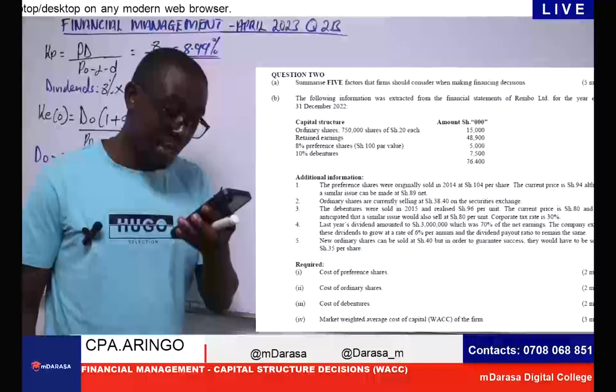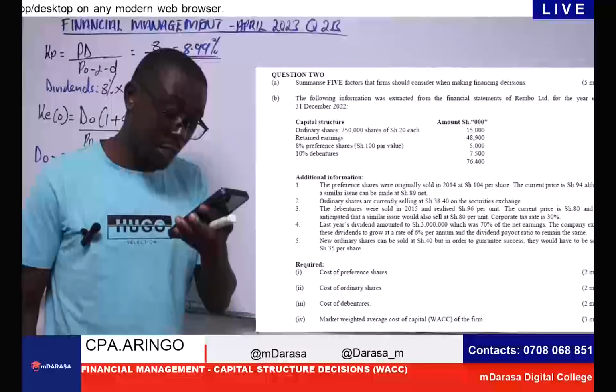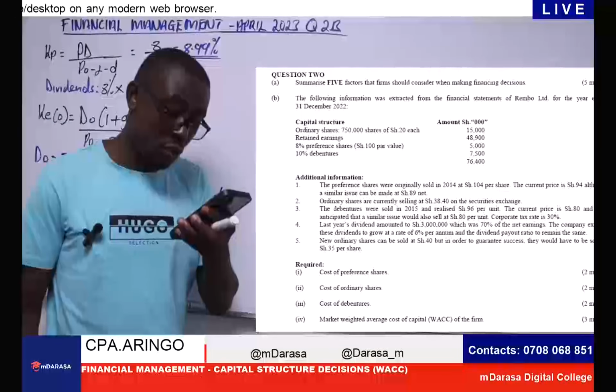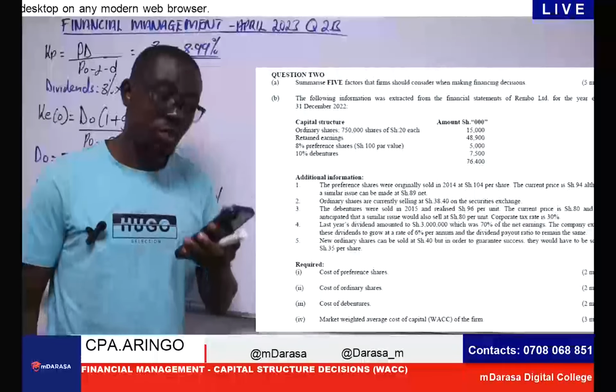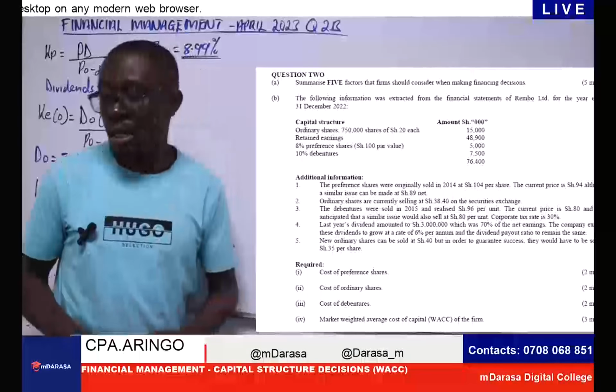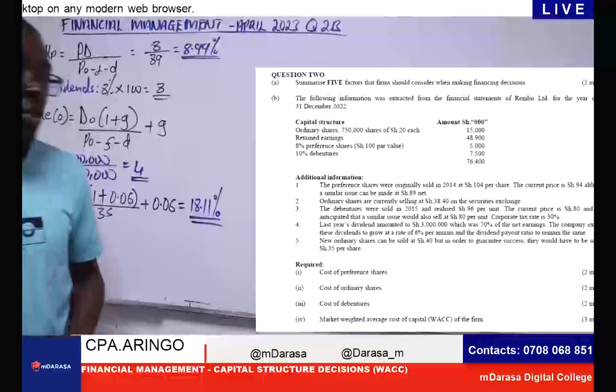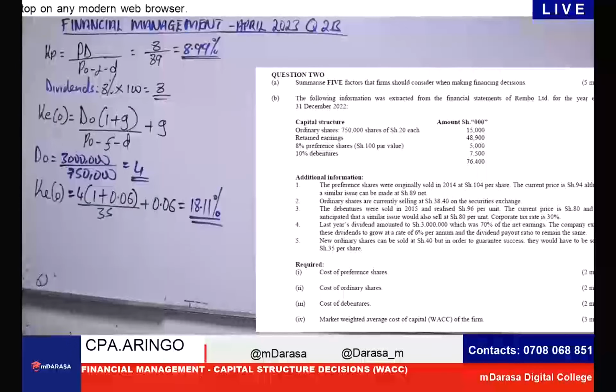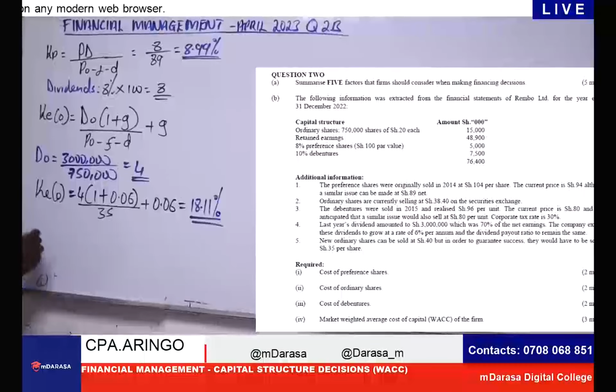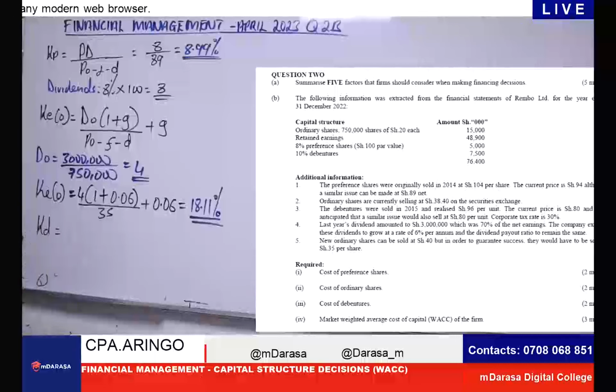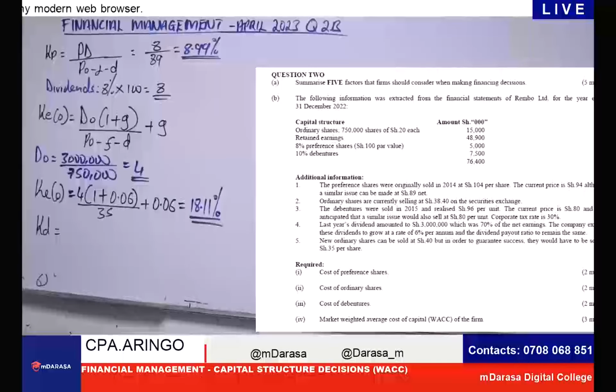The current price is 80 and it's anticipated that a similar issue will also sell at 80 per unit. So we weren't given anywhere the maturity period. And if I'm not given the maturity period, I should know very well that we are dealing with irredeemable debentures or debt.